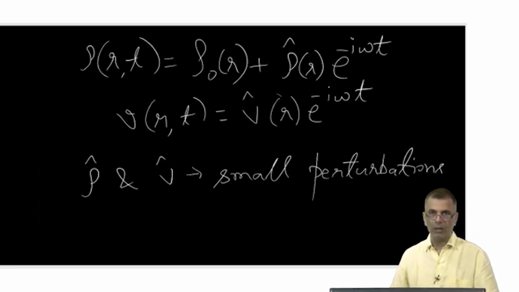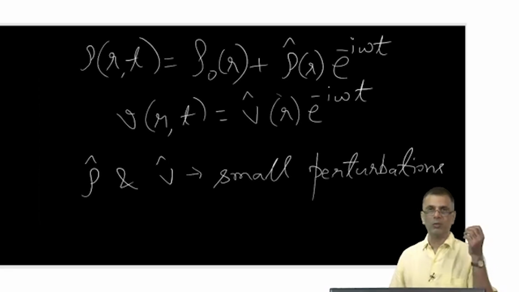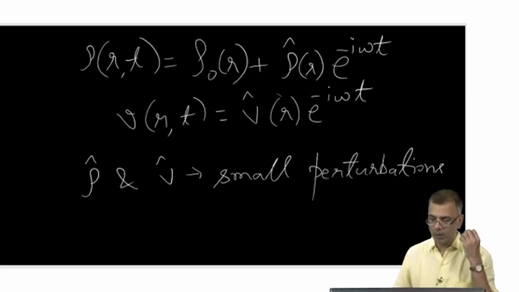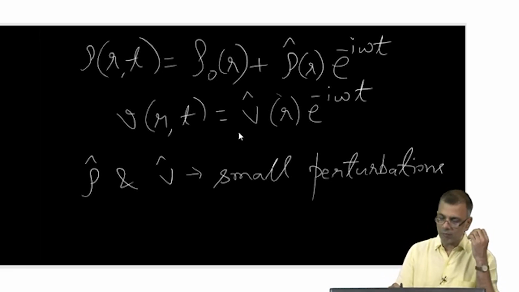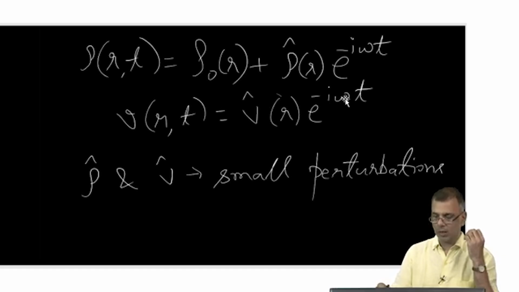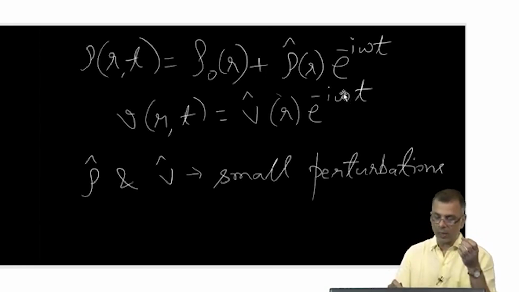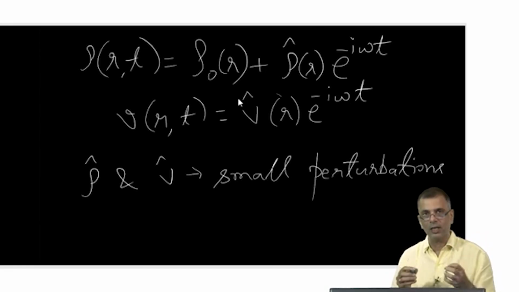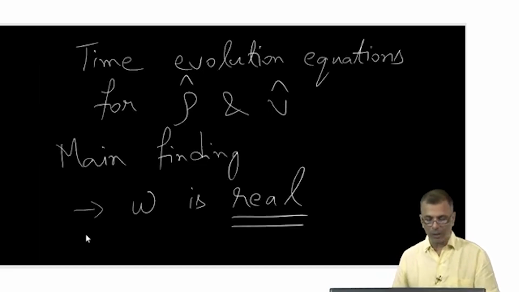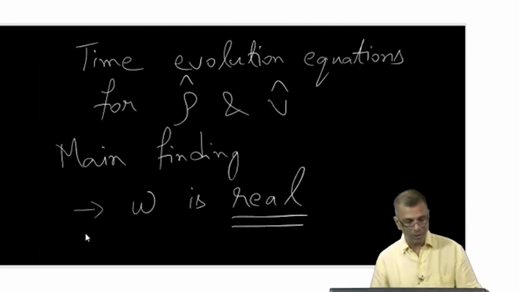And in particular, if it was a growing solution, there would be a problem. If it was a growing solution, in other words, if omega was not real, if it had a complex part, it would imply that the presence of a finite starting velocity is enough to render the Parker solution unstable.